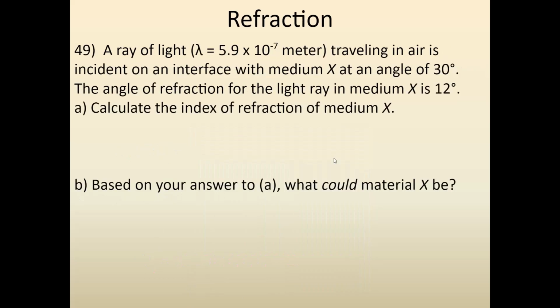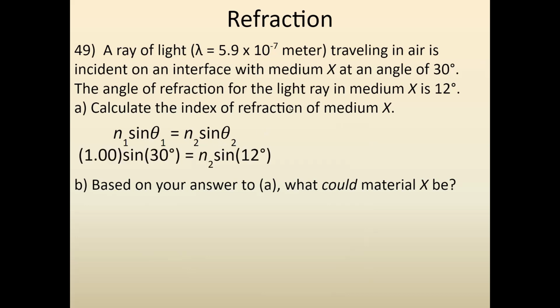All right, here's the next question. Pause the video, work it yourself, and we'll go over it in a second. Okay, so again we use Snell's law: N1 sine theta 1 equals N2 sine theta 2. We plug in our numbers, and you have to be careful of what angle and what material it's traveling in.